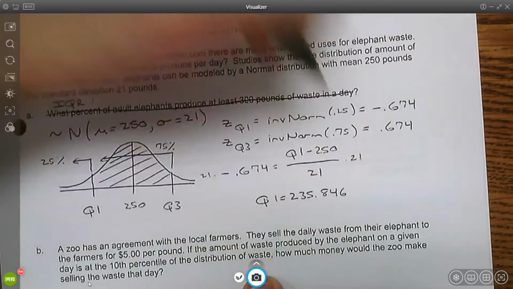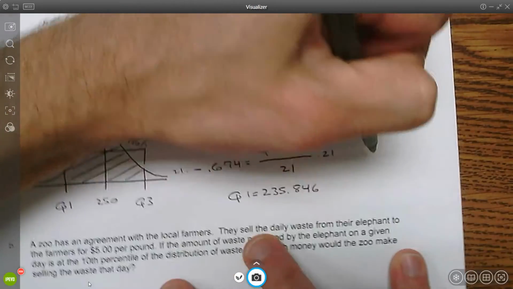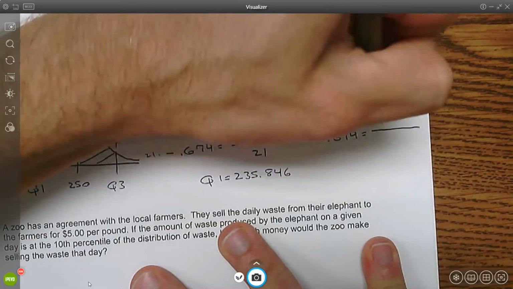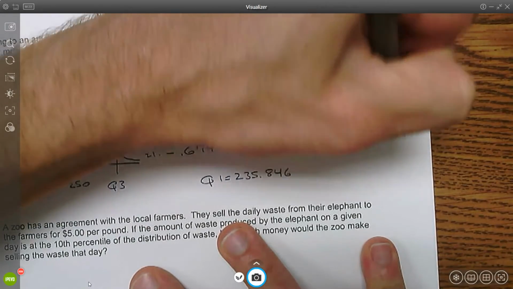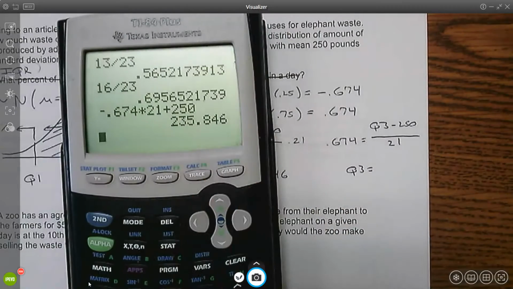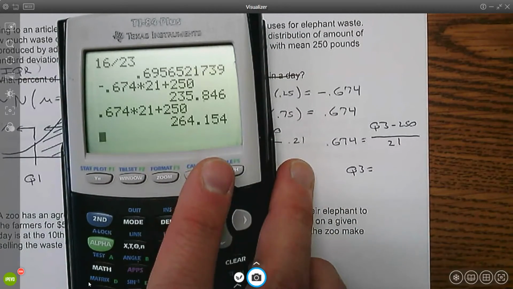I'll just put the few decimals I have there. And then Q3 is going to look very similar. I take the positive z-score because quartile 3 is above the mean. And if I solve this out, I'm going to have the same kind of idea. 264.